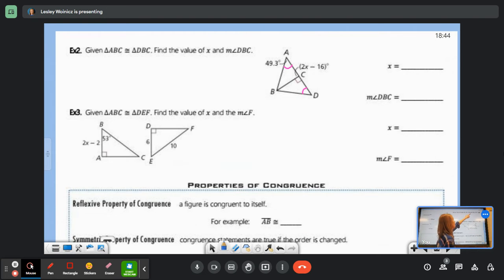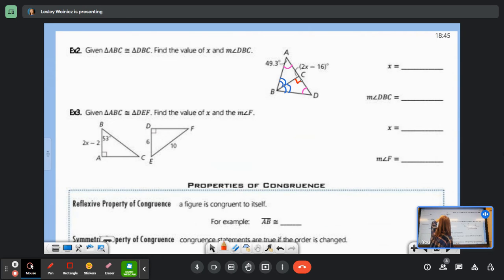Notice that B and B, that one and this one, those are next. Those are congruent angles. And C and C, that's these ones.